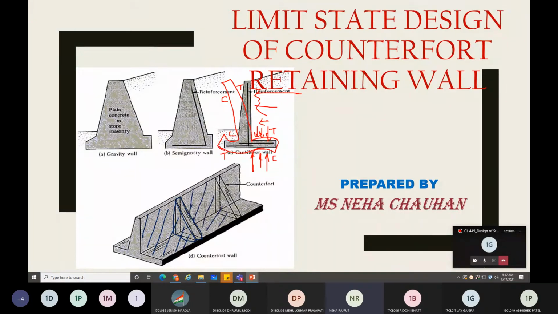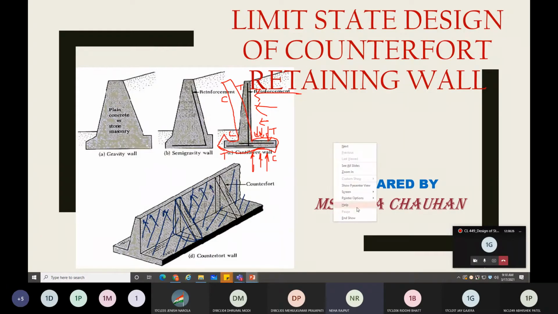So backfill is provided between the counterfort members, and over here also some backfill is there. Now this backfill will give lateral force to the stem part.